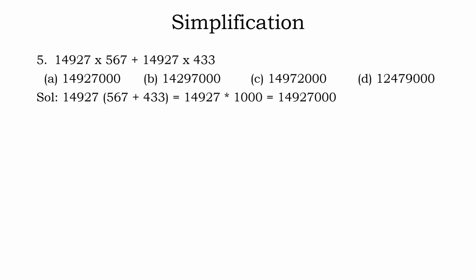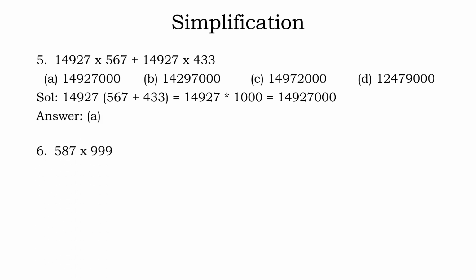Adding these two will get 1000. So 14,927 multiplied by 1000 is 1,49,27,000. So the answer here, without any confusion, you can say the answer is A.